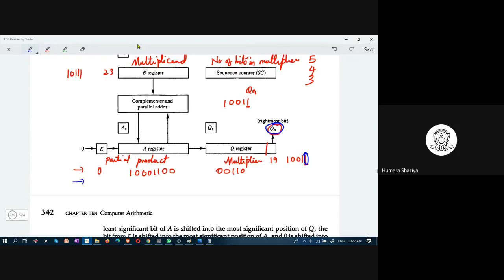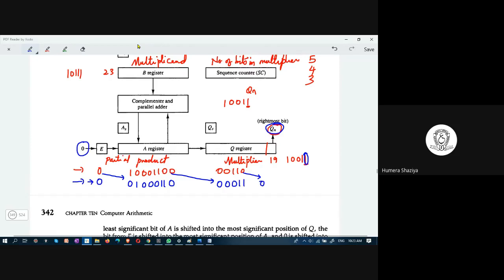After you do the right shift on all three, E, A, and Q, you are moving E into A, and here you input a serial input 0. The 0 is entered into E. The E value is shifted right into A, and this process continues, and the last bit of A is moved into Q. Finally this bit is sent out.